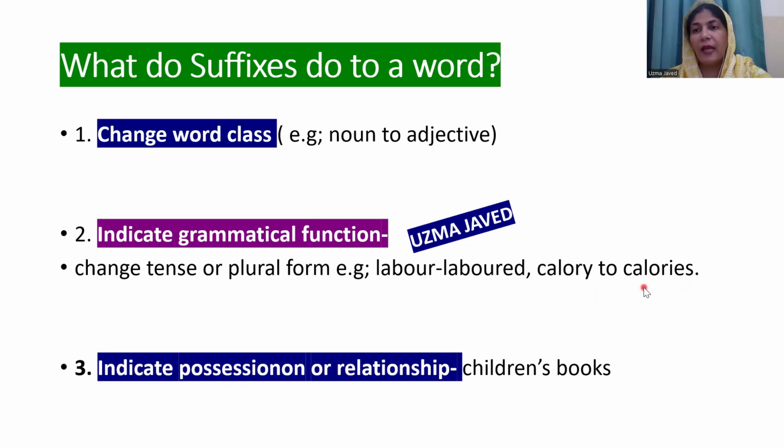So the word became calories. The third function that the suffix can perform is that they indicate possession or relationship or belonging of something to someone. For example, children's books. So I added apostrophe s in order to show the belonging of the books to children.